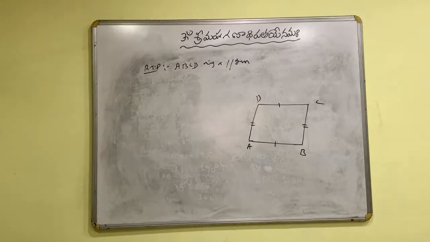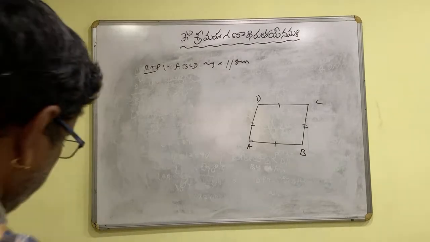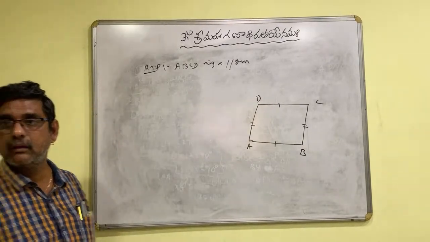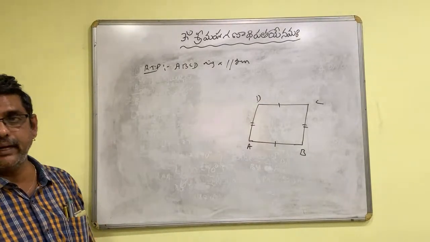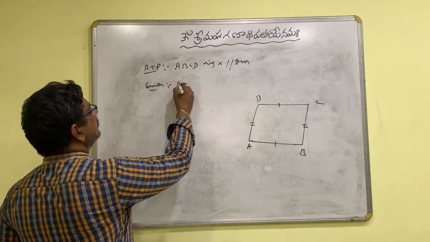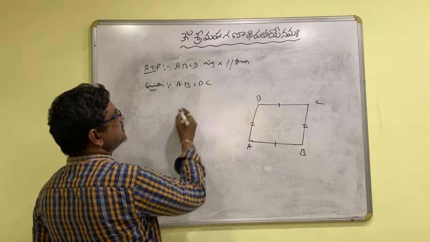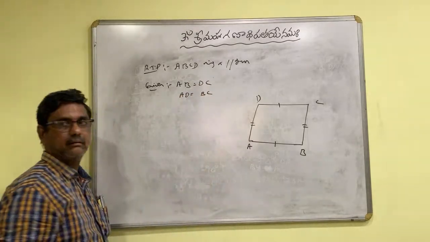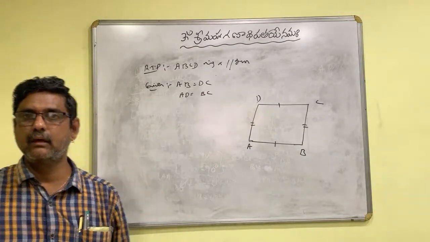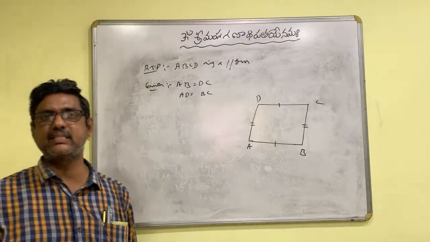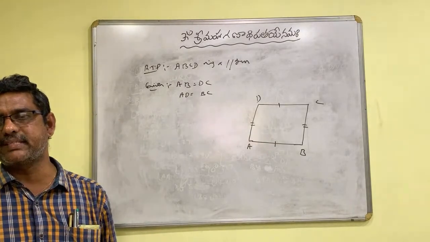Can you hear me? Given, what is given? AB is equal to DC, AD is equal to BC.